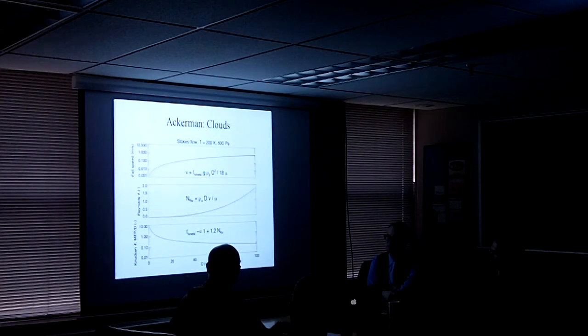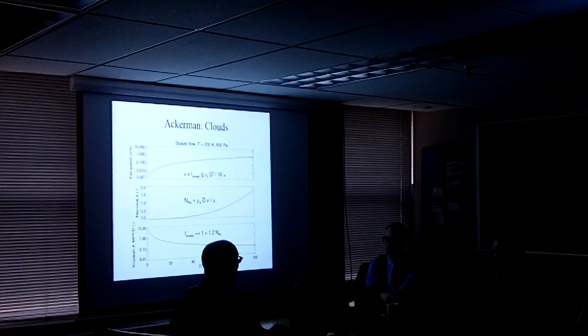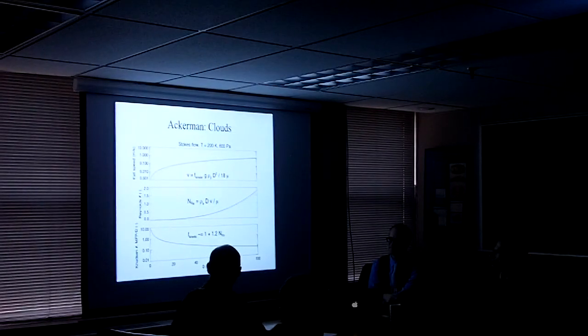So this is something like what I eyeball as the surface: 200 Kelvin and 6 millibars for the modern surface of Mars. Maybe that's not when the atmosphere is condensed out, so maybe that's the summer. I don't know. Basically, you assume the simplest possible expression for fall speeds, which is Stokes flow.